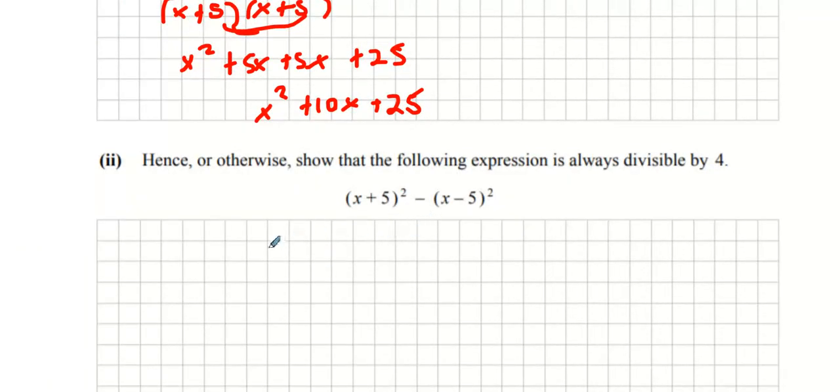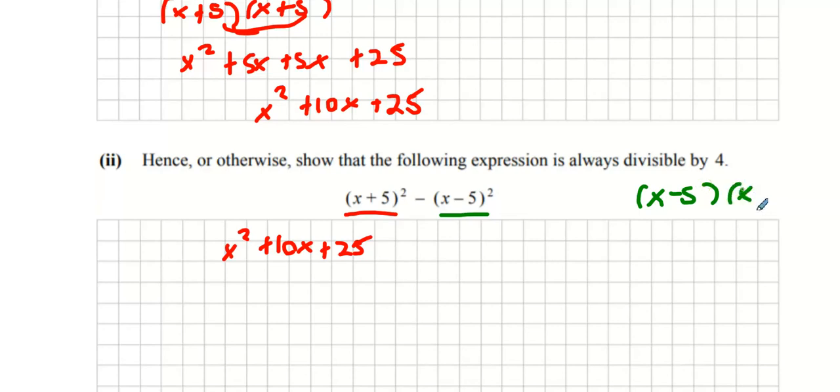The next one, hence or otherwise answer this. Well, we know that x plus 5 squared is going to be x squared plus 10x plus 25. We don't currently know what x minus 5 squared is, so it's going to be x minus 5 by x minus 5, which is x squared minus 5x minus 5x plus 25, which is x squared minus 10x plus 25.